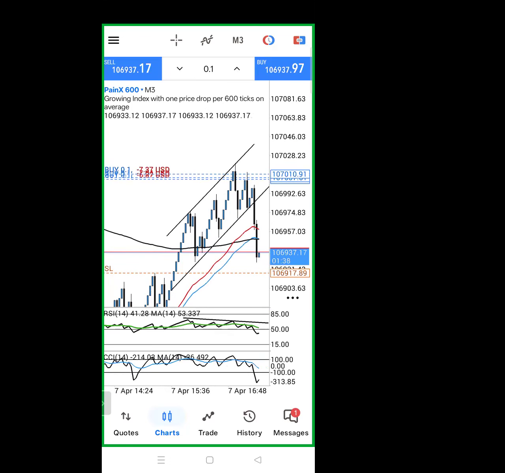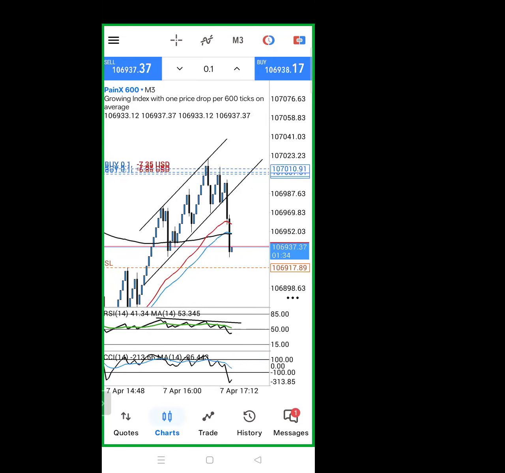The same thing on the CCI, and you can see that the CCI is below the moving average, the same thing on this other one as well. This is a smaller time frame, though. If you want to look critically, you should always go to a higher time frame.